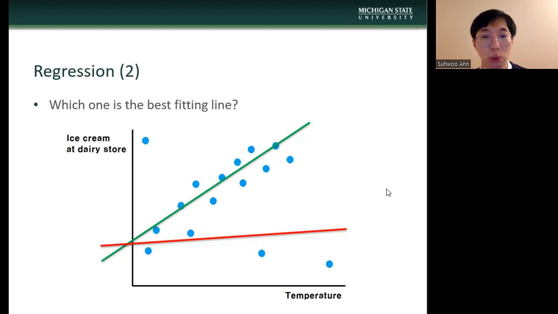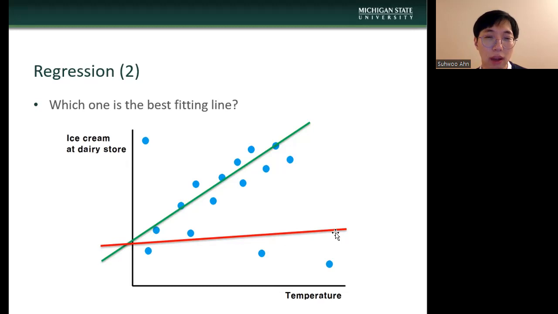At their score, the green line has a small amount of error. However, you can think of the red line here. The red line shows that there's no clear relationship between temperature and buying ice cream at every store. So as the weather gets warmer, the frequency of eating ice cream does not change at all.